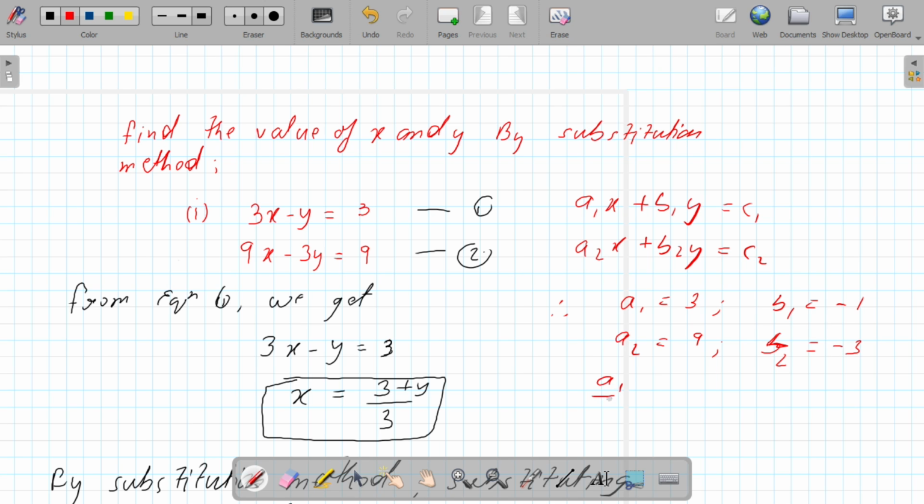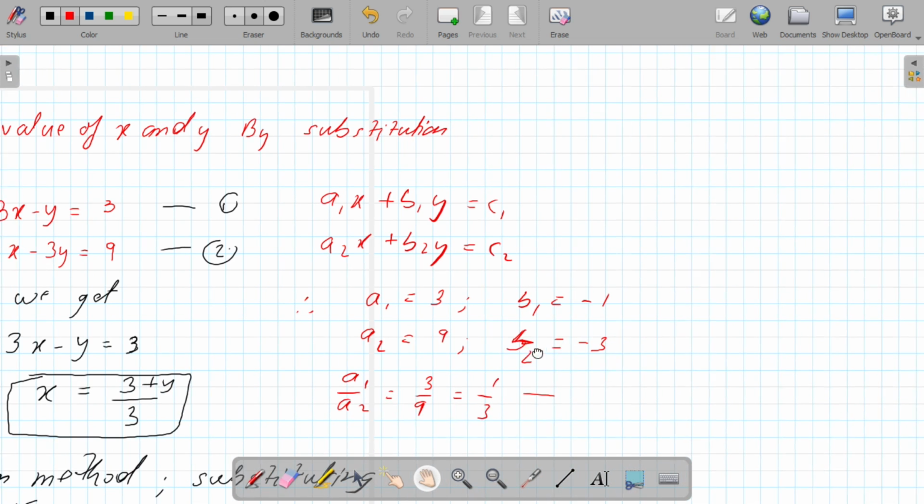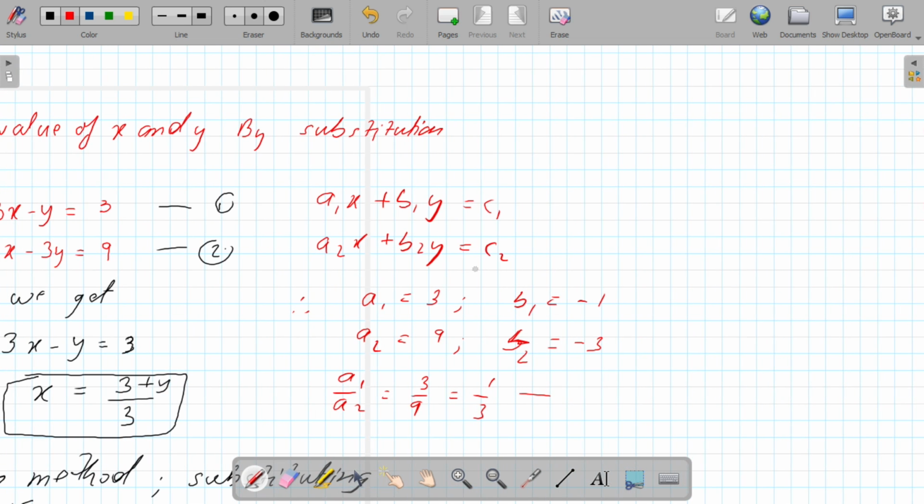Now a1 by a2 equals to 3 upon 9 which will be equal to 1 upon 3. And b1 by b2 equals to minus 1 upon minus 3, which is also equals to 1 upon 3. And c1 is equals to 3 and c2 is equals to 9.